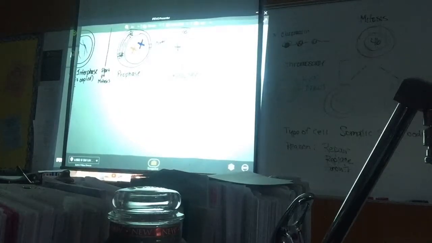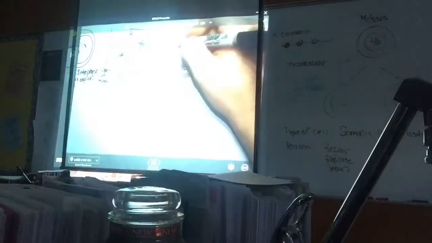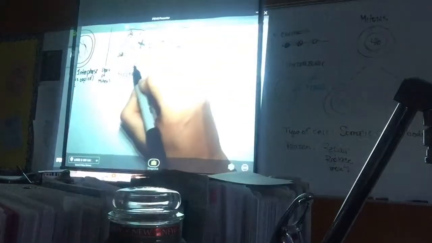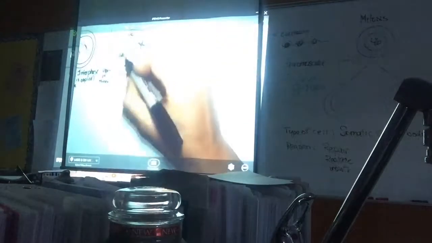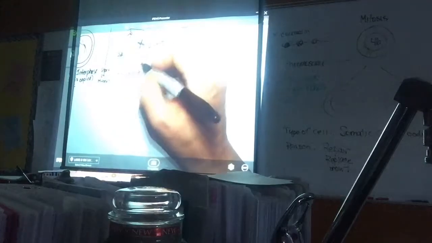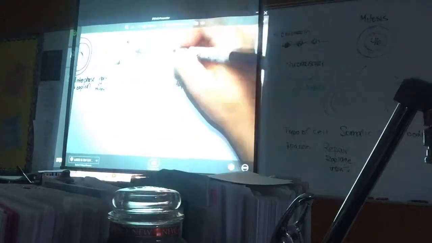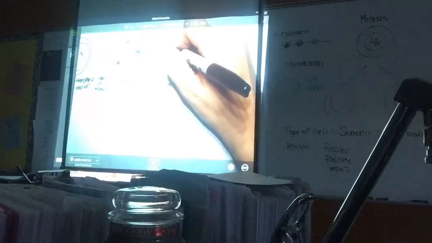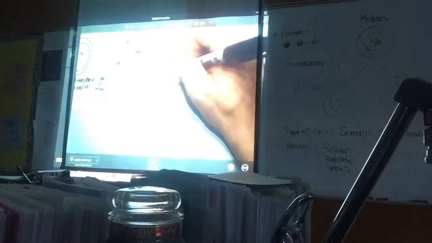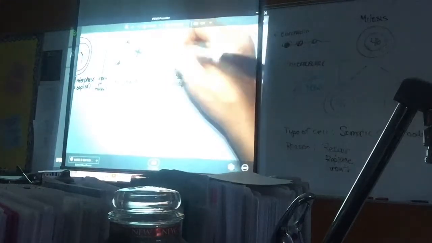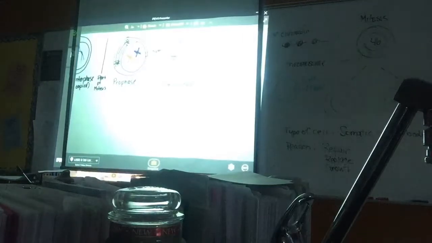These still are enclosed in a pseudonucleus. What's going on is this nucleus is going to break down. So from here to here, the nucleus breaks down. I'm going to draw the nuclear envelope as a dotted line to show that it's breaking down.